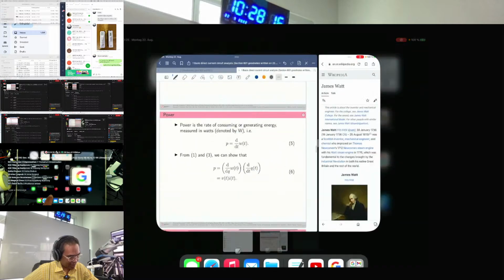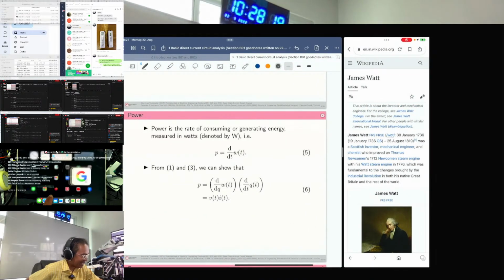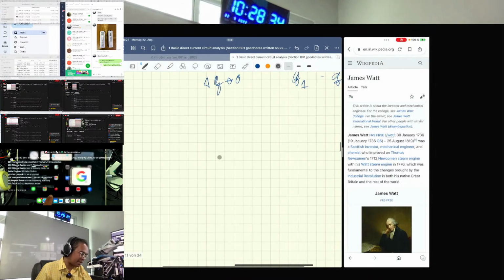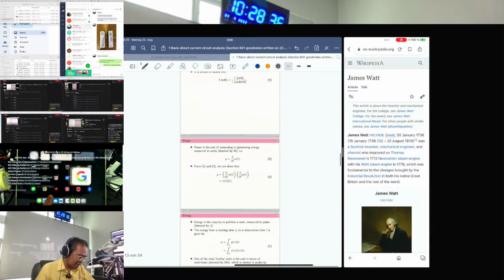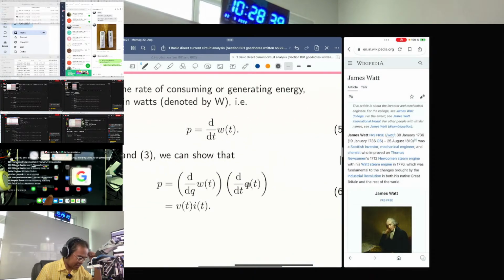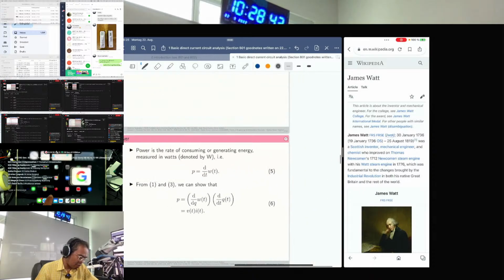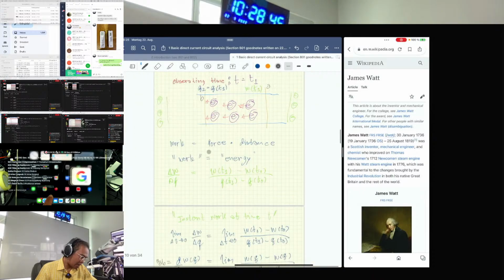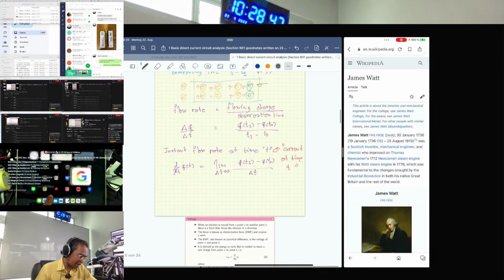Okay, this is the way to pronounce his name. Okay, Alessandro Volta. Okay, yeah. This is the rate of change of the work or the energy per charge, right? It was discovered by Alessandro Volta. And the next one is the charge per time, right? Charge per time was discovered by André Marie Ampere.